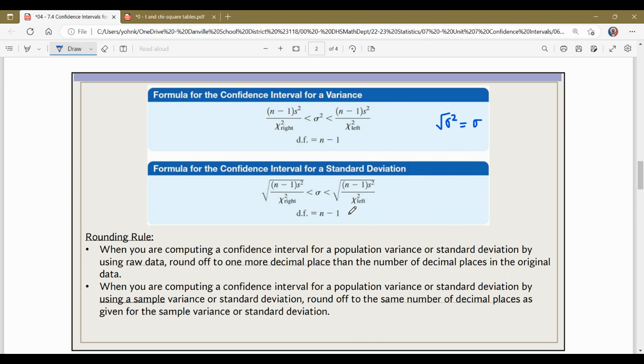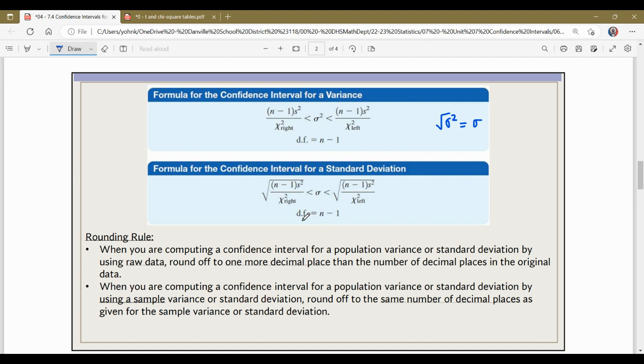The rounding rule is the same for confidence intervals in this section as previous. When you are computing a confidence interval for a population standard deviation or variance by using raw data, round off to one more decimal place than the number of decimal places in the original data. So that means you have a string of numbers that you're putting into your stat edit so that you can run the one var stat.